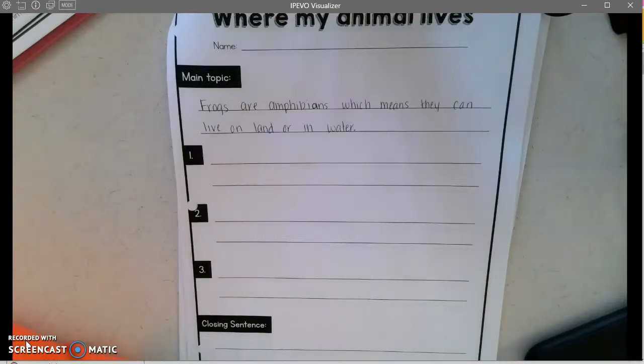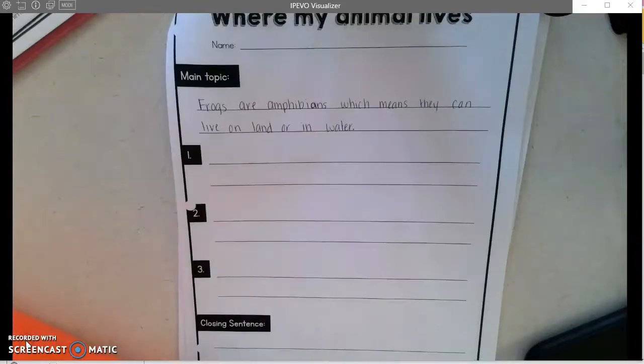Maybe you are doing a cat and you want to say, let me think about this one for just a second to give you an example. So if you were writing about cats, I guess it might depend on what your 3 details are, but your topic sentence might say something about how cats are typically pets and live with humans or around civilization.